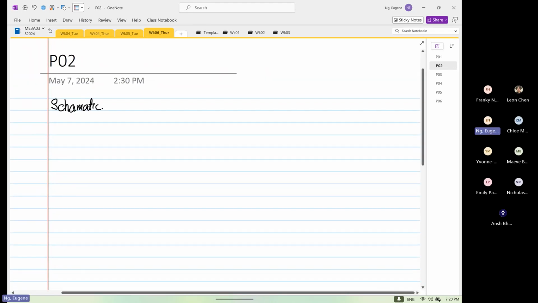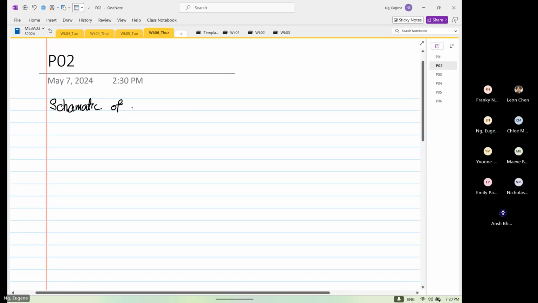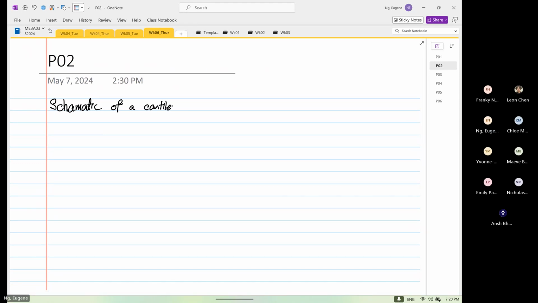A schematic of a cantilever beam under a point load. So now I'm going to sketch our transformation.